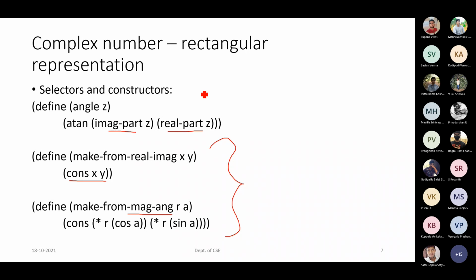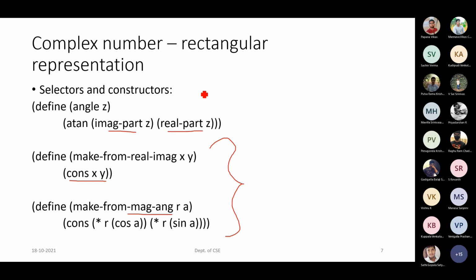It should be in the same rectangular form, right? So if you have applied the multiplication or division operation, you will be converting it to the polar form representation. You do the corresponding operations on it. And when you are giving the result back, it should be in the same rectangular form itself.